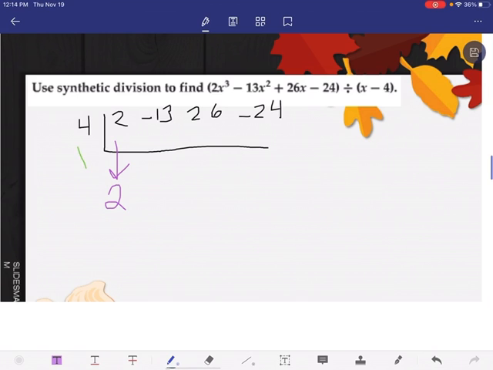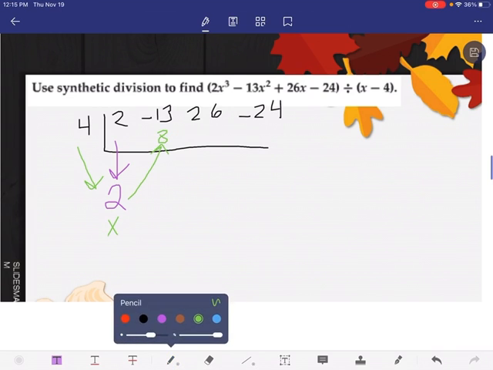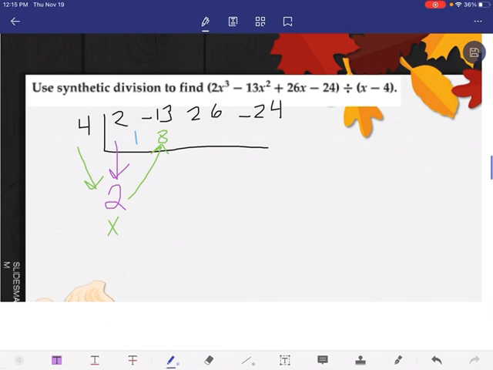Our next step is going to be to multiply to get that next term. So I have 4 times 2, which gives us 8. And then as we go down, we're going to add. So negative 13 plus 8 is going to give us negative 5.